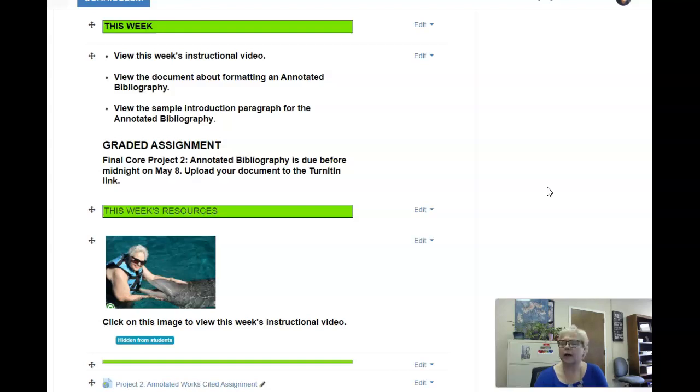Now, this is not the introduction paragraph that you did for your Core Project 3. This is not an essay. This is not about any solutions. This is just about your sources. And so your annotations had to do with the 4 sources that you picked.